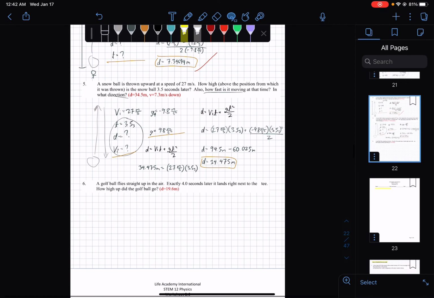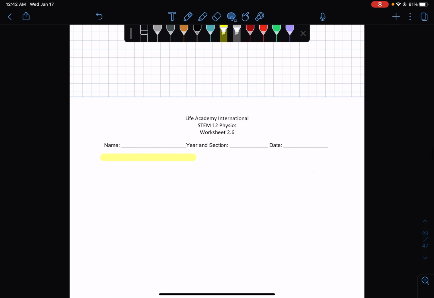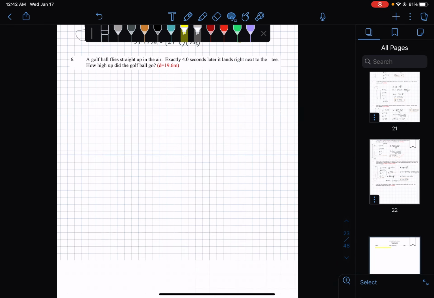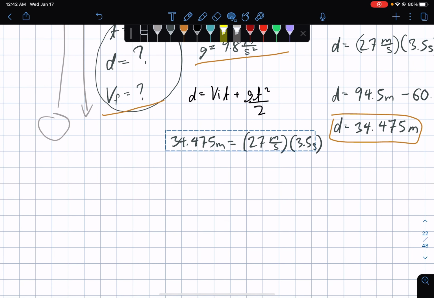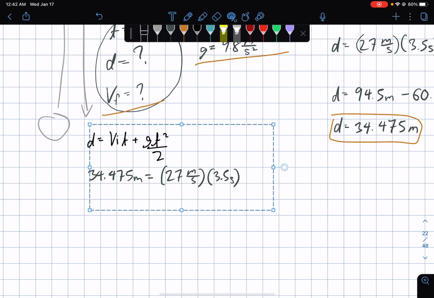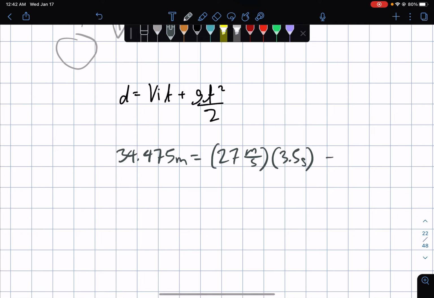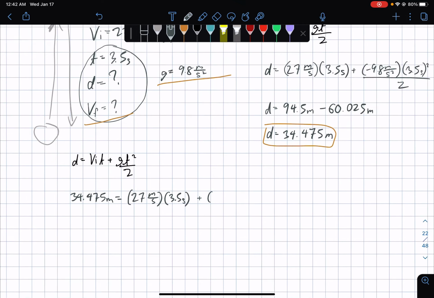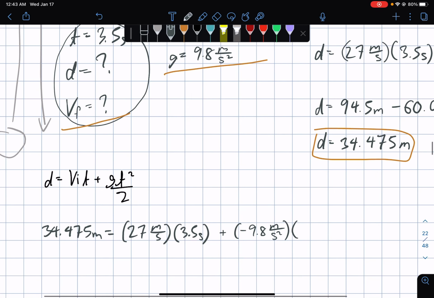Shoot, we need more space. What's the time? 3.5 seconds.